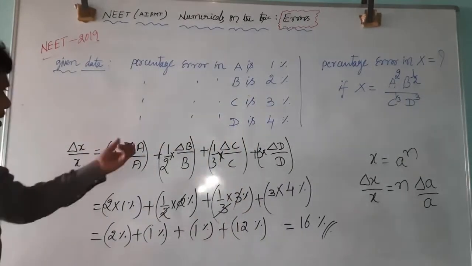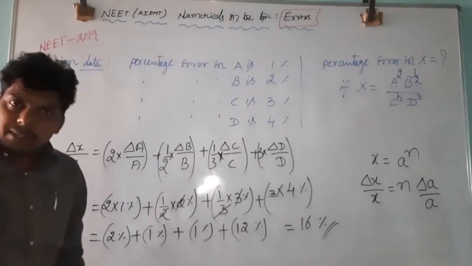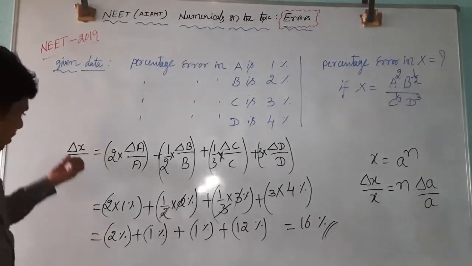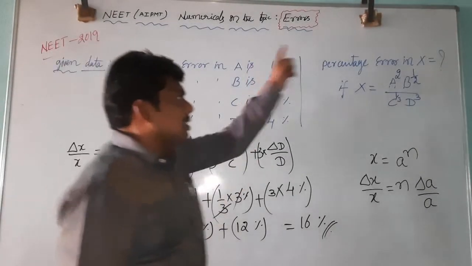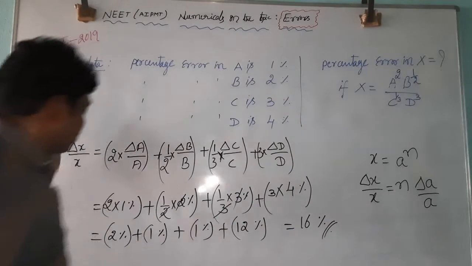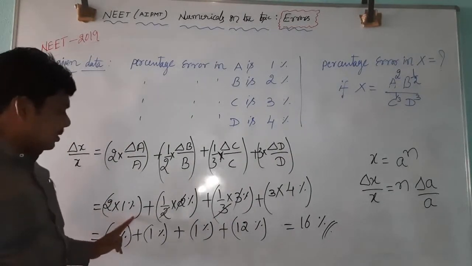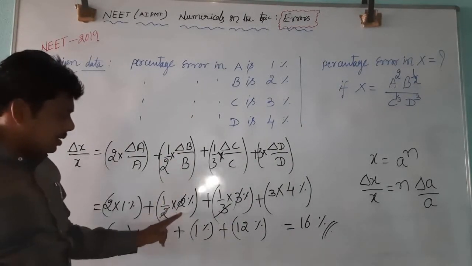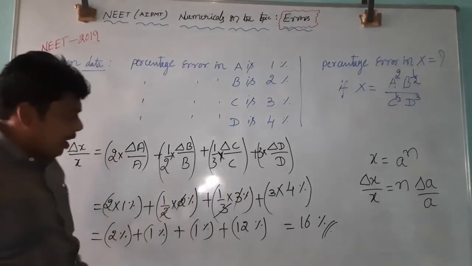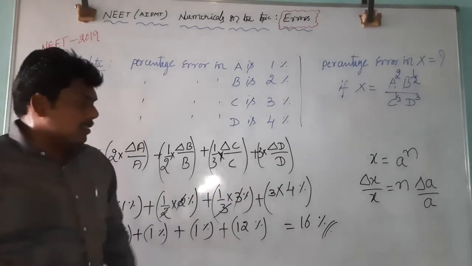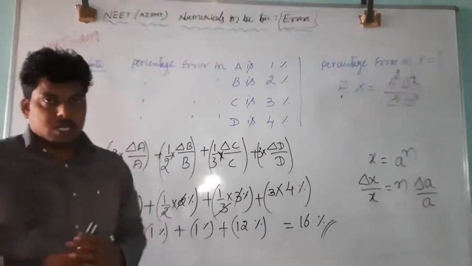Here in the question they have given the percentage error, so directly you can take it, because we also have to calculate the percentage error in x. 2 into 1 percentage, here 1 by 2 into 2 percentage. After simplification, finally we got 16 percentage. It is the right option for the given question.